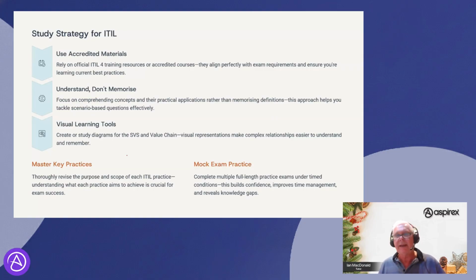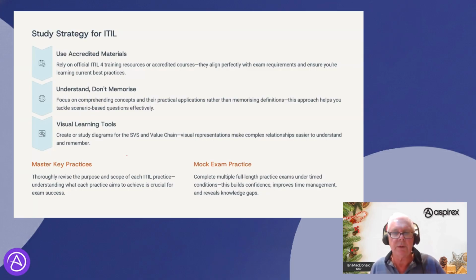If you get a question trying to work out whether you know the difference between the service value chain and the service value system, or the components of the service value system and the activities of the service value chain, then sketching those out as part of your revision, writing in those component names or those activities, means you're more likely to remember them than if you just try to recall from what you saw on a screen or when you read the notes again.